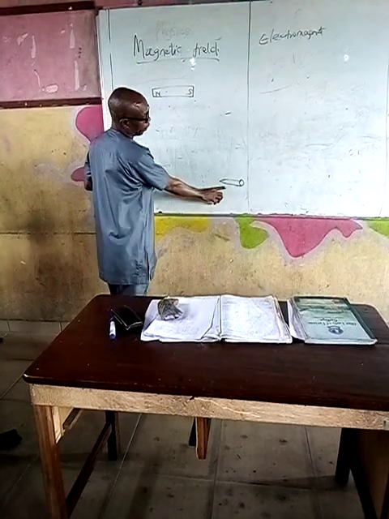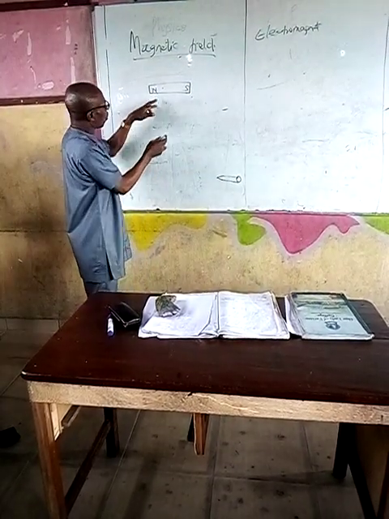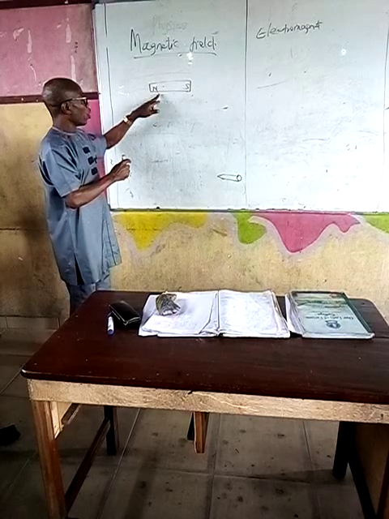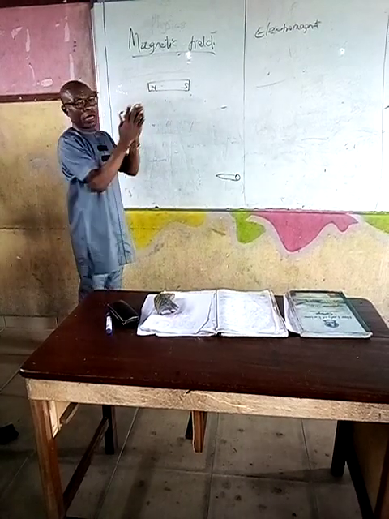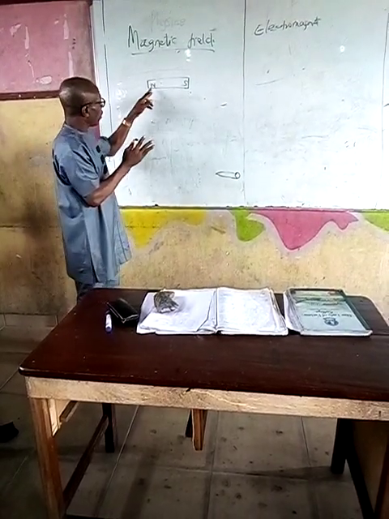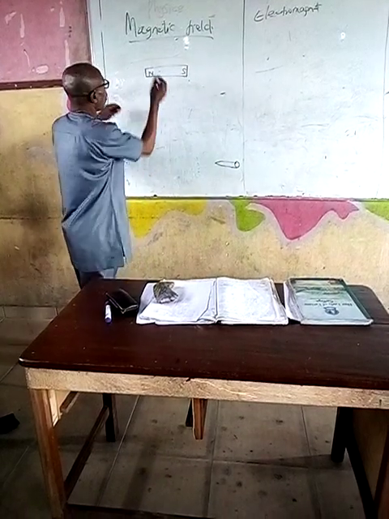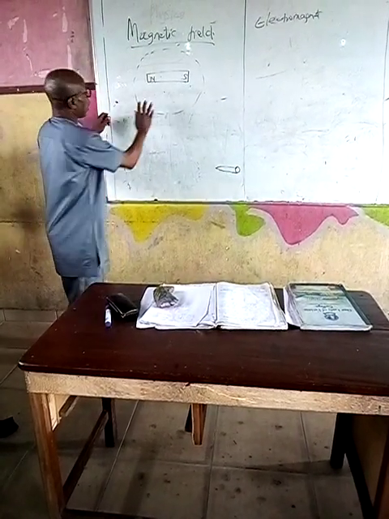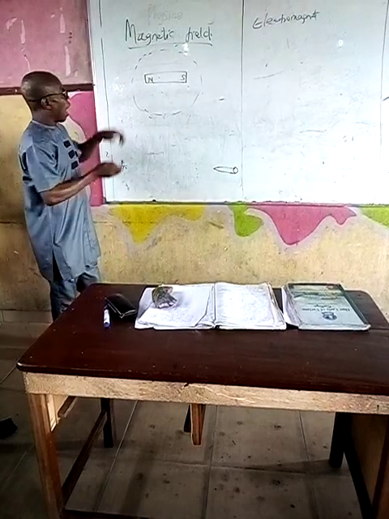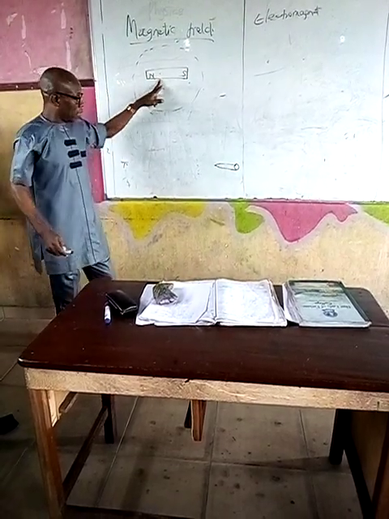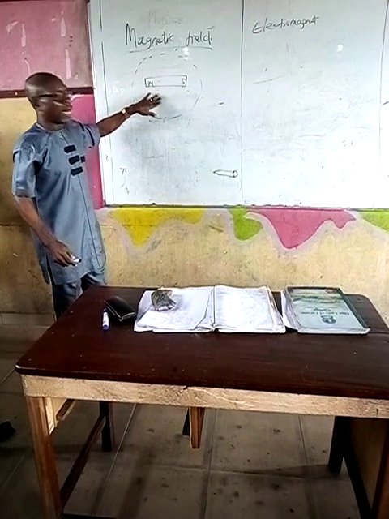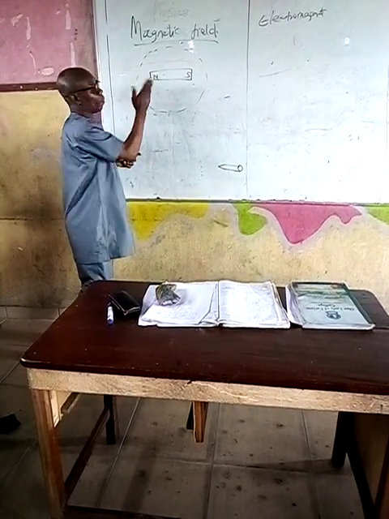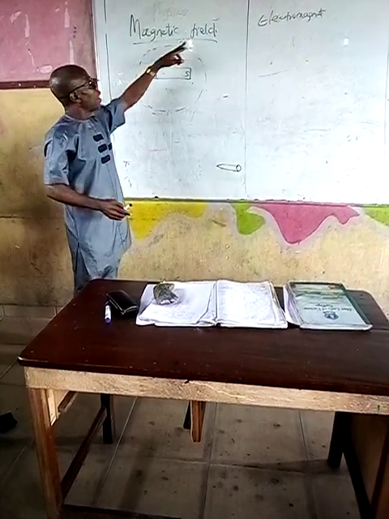But if this nail is brought close to this point, there will be attraction between the magnet and the nail. So this very space around this magnet where magnetic force is experienced is known as the magnetic field.